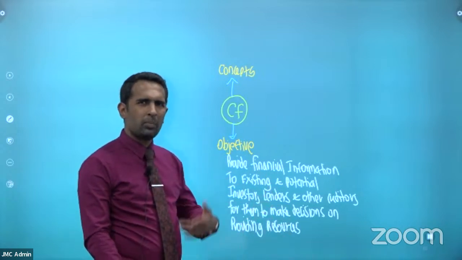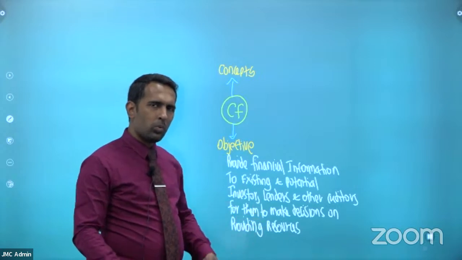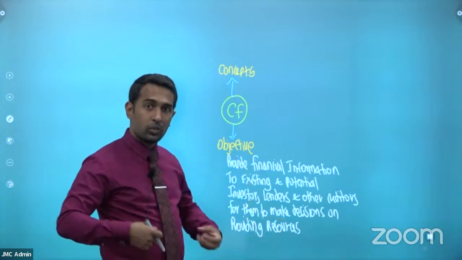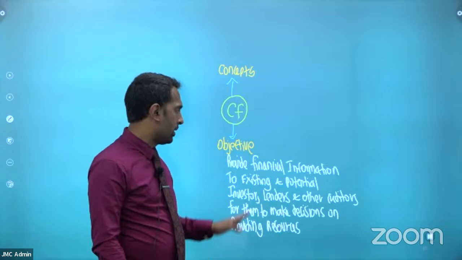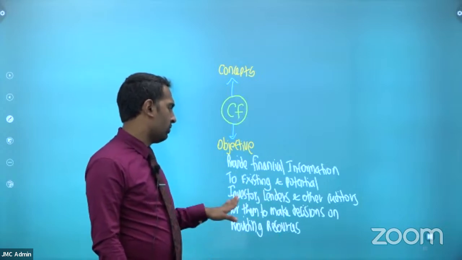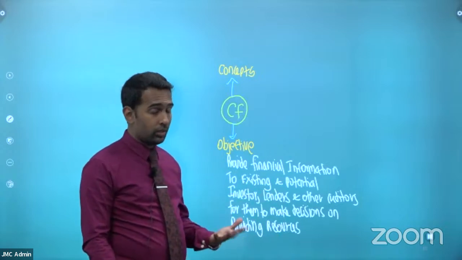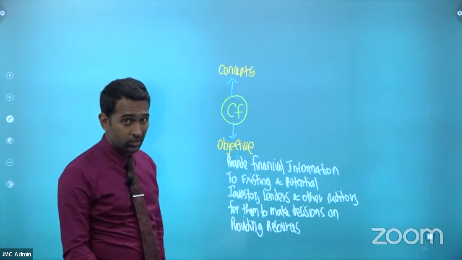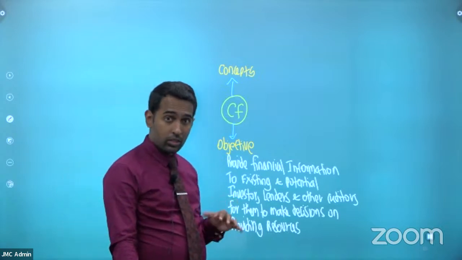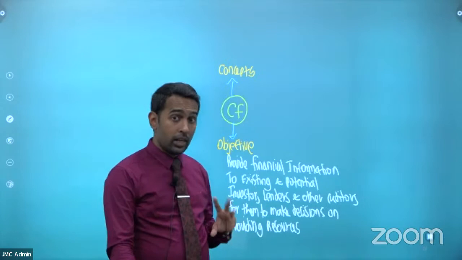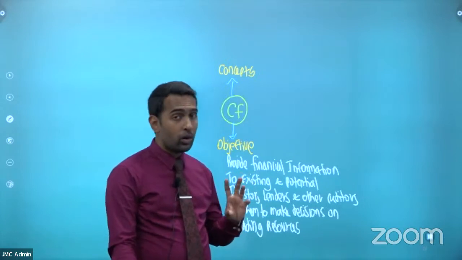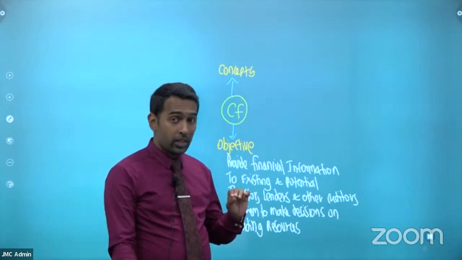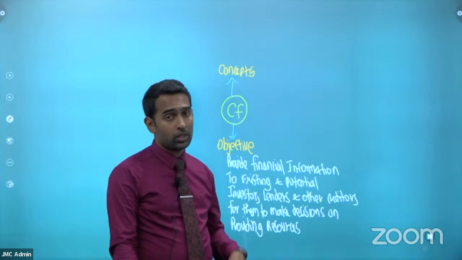Other creditors like suppliers, employees who provide their materials, who provide the labor, right? Other creditors. For them to make decisions, yes, they are always waiting to take decisions. Investors have to take a decision whether to invest or not. Lenders have to take a decision whether to lend or not. The suppliers need to take a decision whether to supply or not.